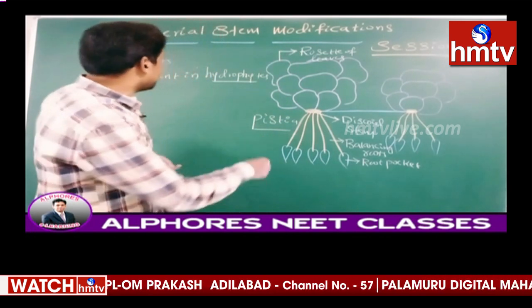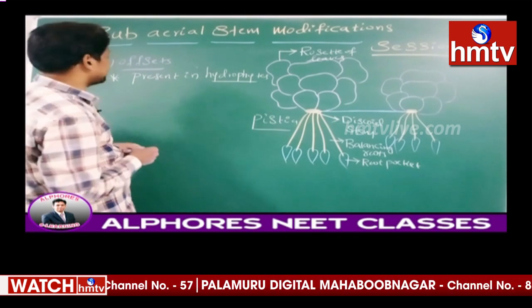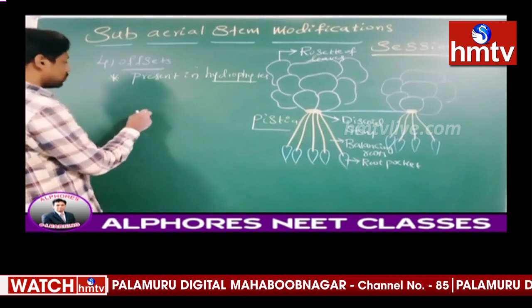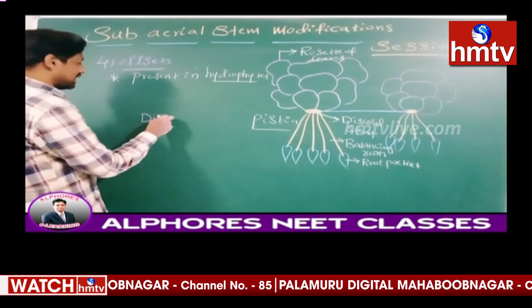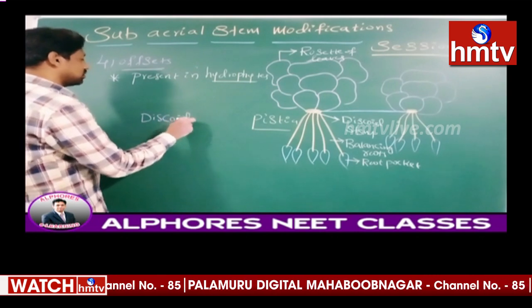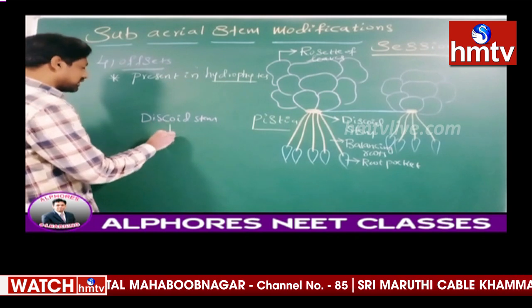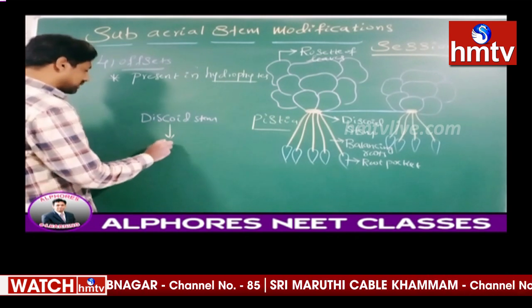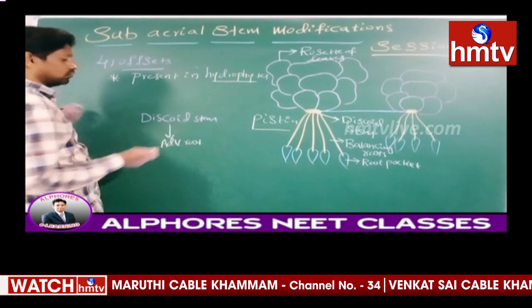Therefore, in the case of offsets, the stem is reduced into a disc-like structure, so we call it a discoid stem. On the lower surface of the discoid stem, adventitious roots are present.